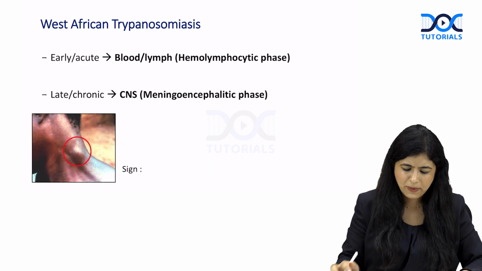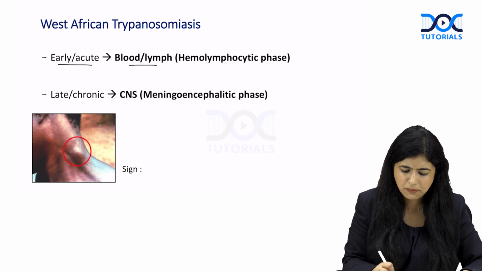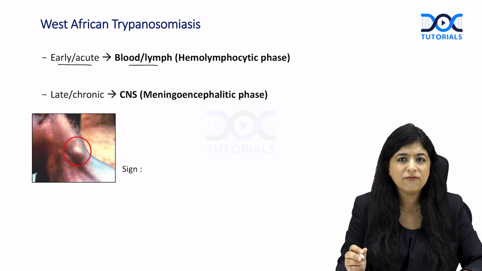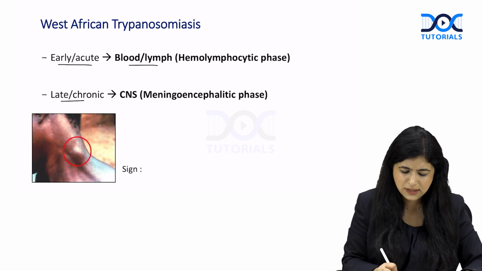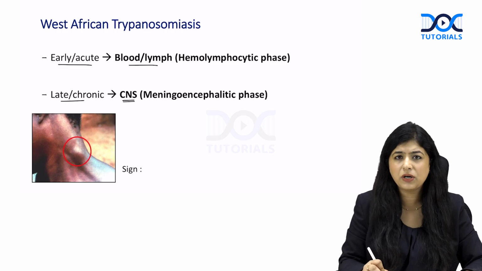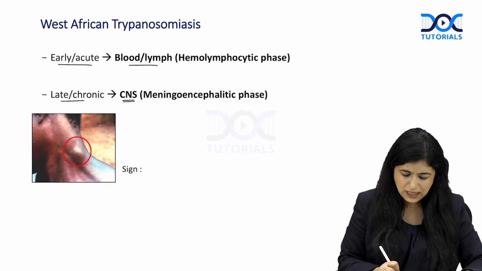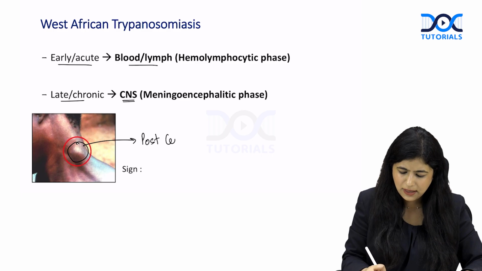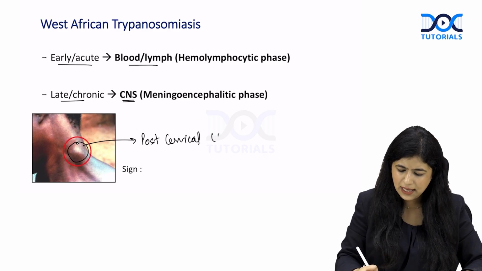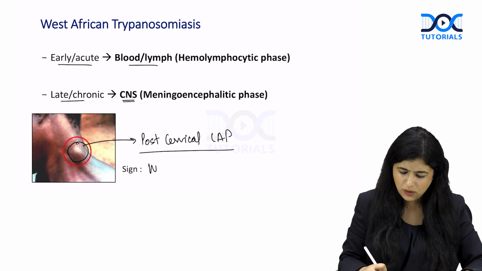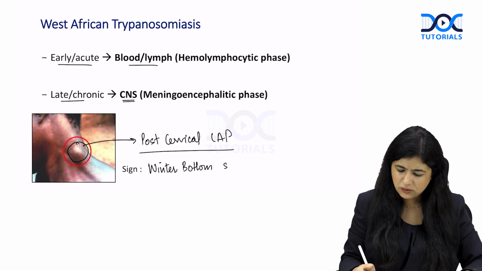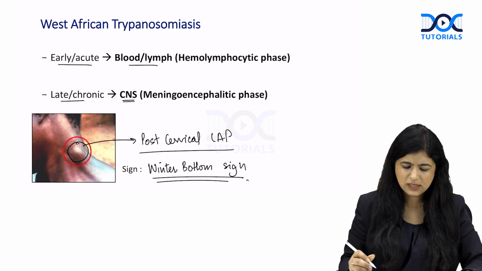In the West African trypanosomiasis, in the early stages, it is in the blood and the lymphs, which is called the hemolymphatic phase, while in the later stages, it is the CNS symptoms that are predominant. It is called the meningoencephalitic phase. A classic sign that we see is the posterior cervical lymph node enlargement. This sign is called the Winterbottom sign, which is seen in West African trypanosomiasis.